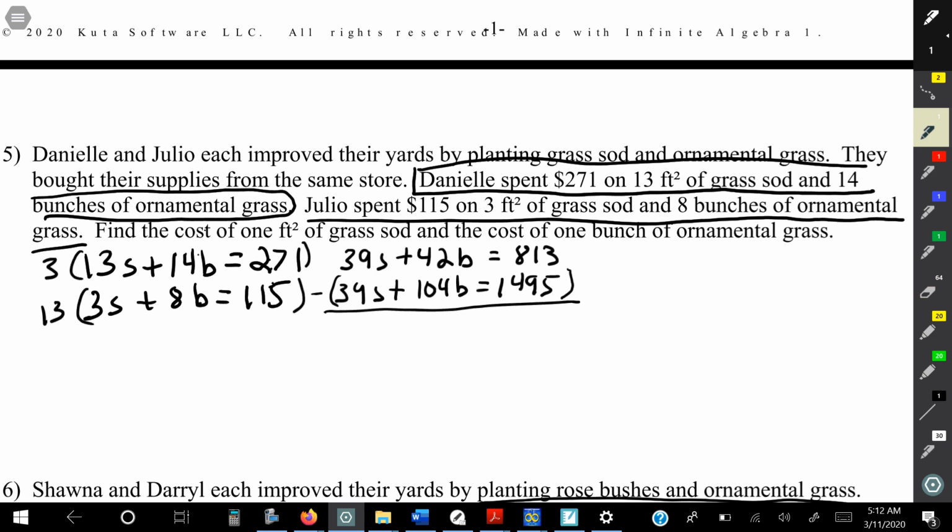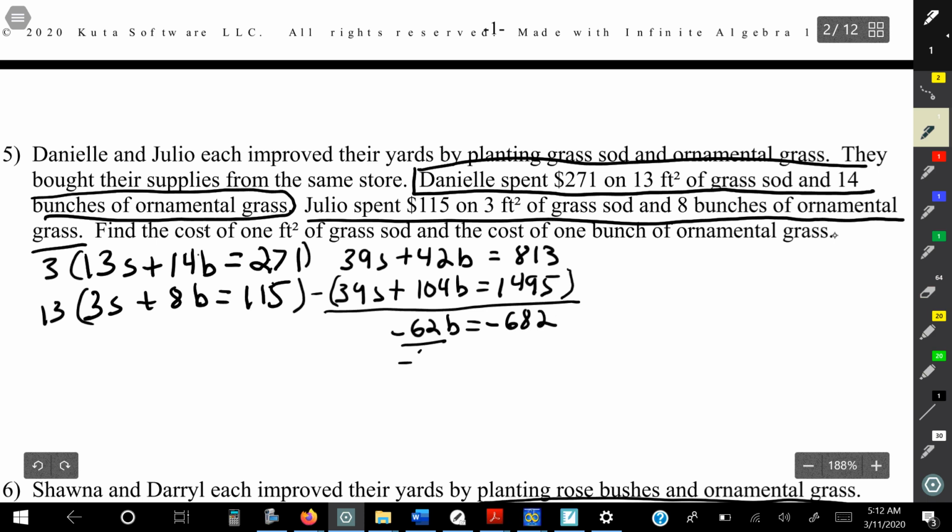Now once I subtract, this becomes 0, and here I get negative 62b is equal to negative 682. Then divide by negative 62, and b is equal to 11.